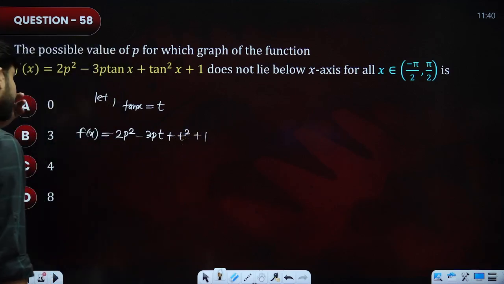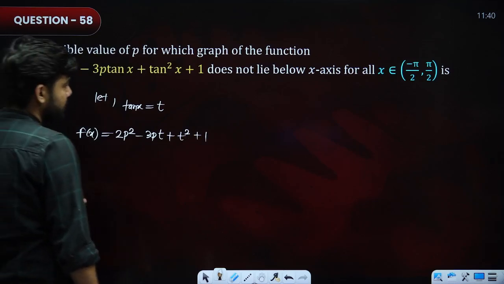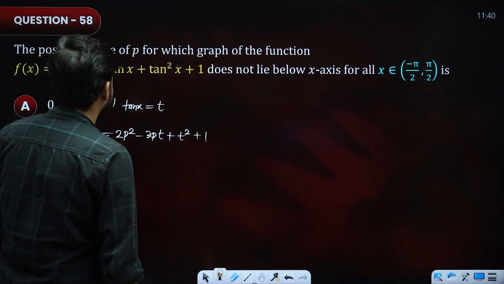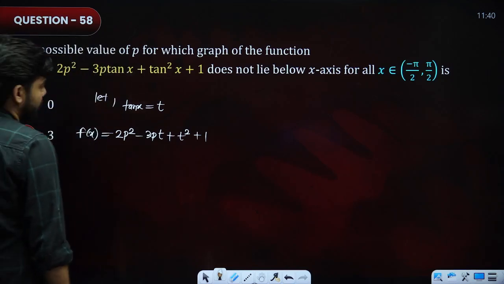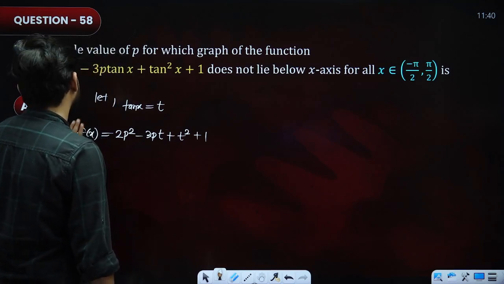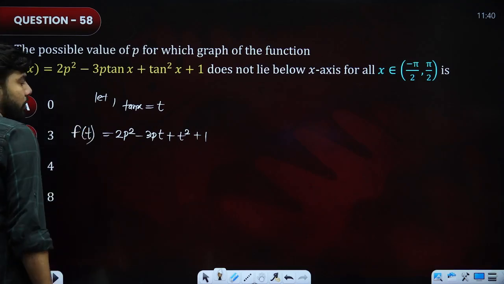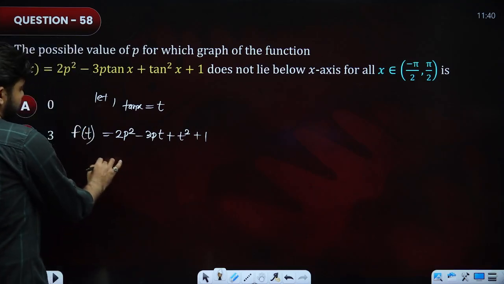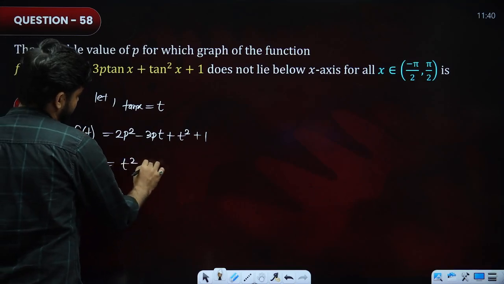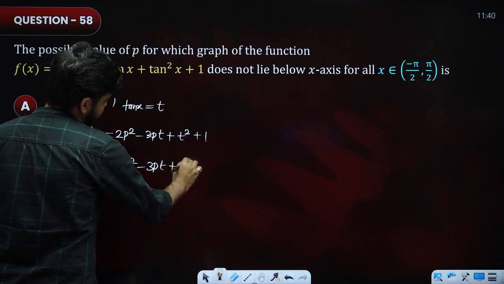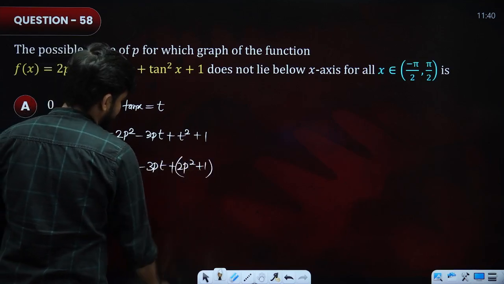Since I am putting tan x equals t, it changes from f of x to f of t. So we can write it as t square minus 3pt plus 2p square plus 1.